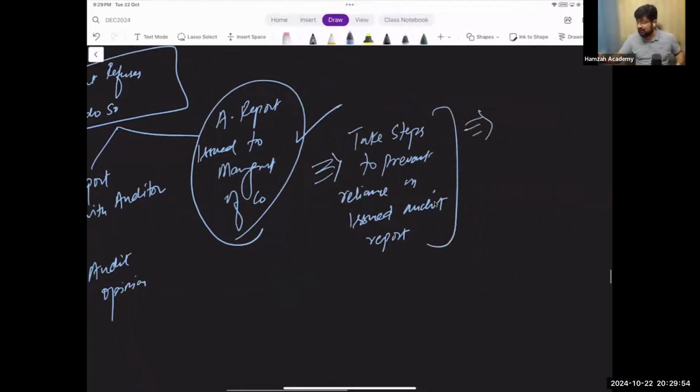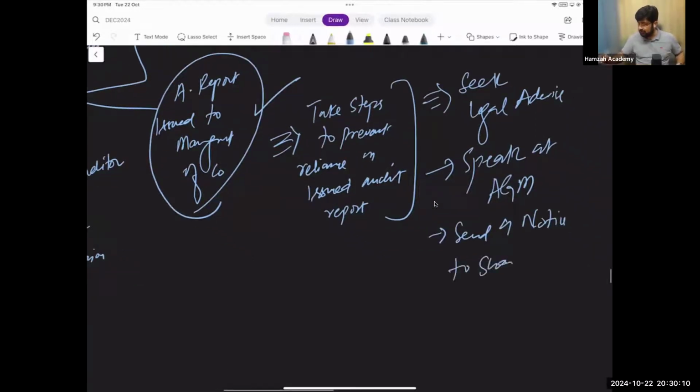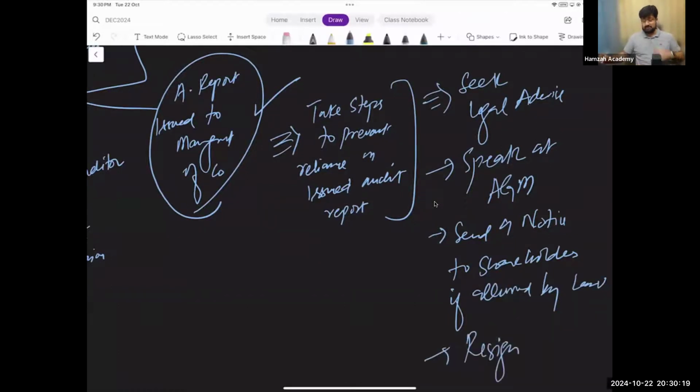First of all, seek legal advice. Speak at AGM. Send a notice to shareholders if allowed by law. And the last is resign from audit.